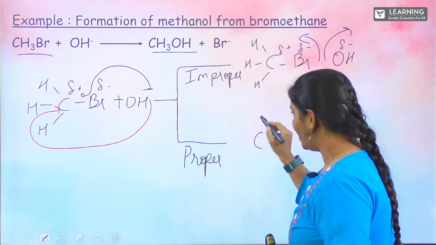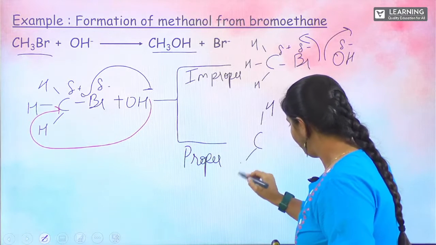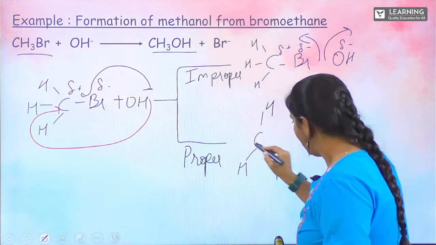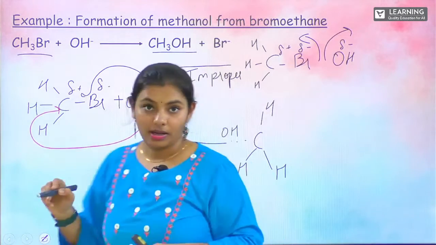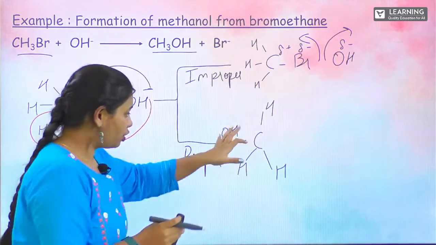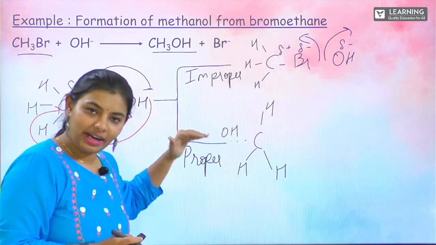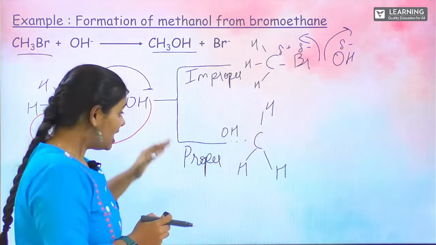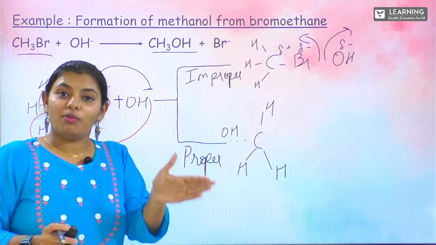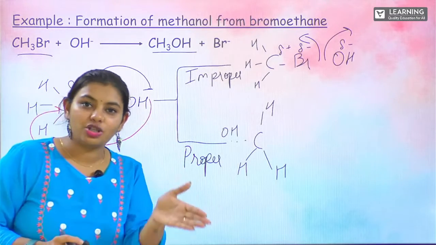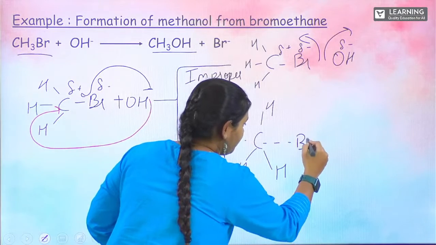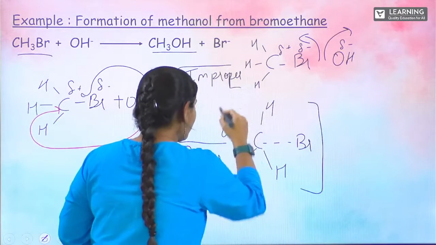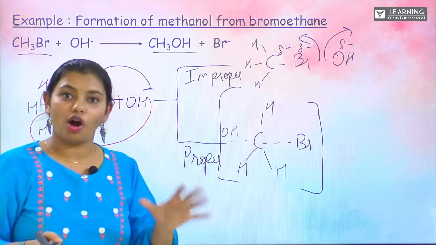Okay, so we have OH, right? Here it's going to be OH. OH will be trying to form a bond with CH3 plus. At the same time, there will be bond breaking between CH3 plus and Br. It's going to be an intermediate formation.